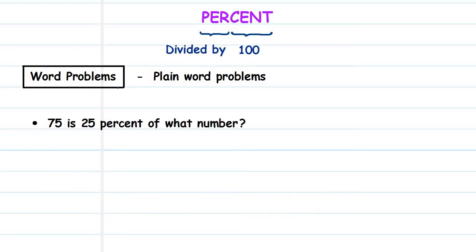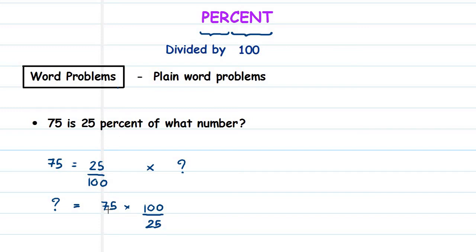How about 75 is 25% of what number? Alright, 75 means 75. Is means equal. 25% means 25 divided by 100. Of means multiply. And what number is question mark. So they're looking for the question mark, and it's going to be equal to 75 times 100 divided by 25.